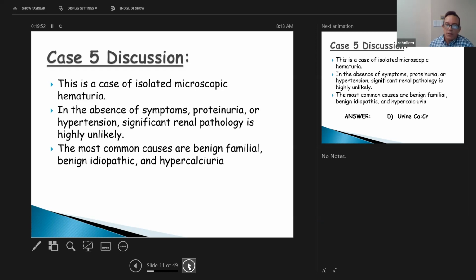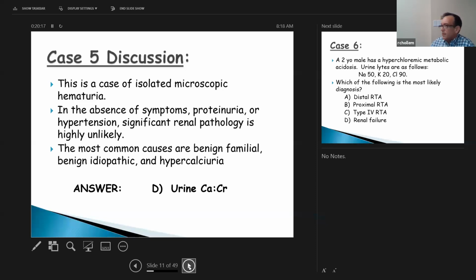So the most common causes here are benign familial, benign idiopathic, and hypercalciuria. And benign idiopathic and benign familial may be the same condition. It's an autosomal dominant thinning of the GBM, but it has to start somewhere. So maybe the idiopathic is the first index case in the family, but it is very benign. So if you can attach that isolated label, then you do one test, a urine calcium, and you just follow them.